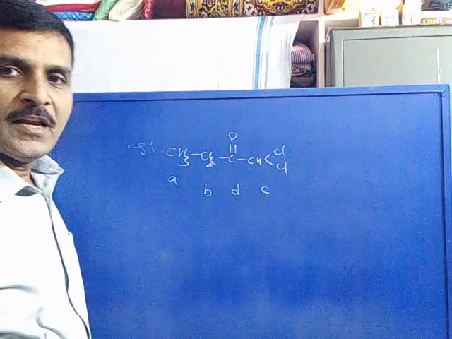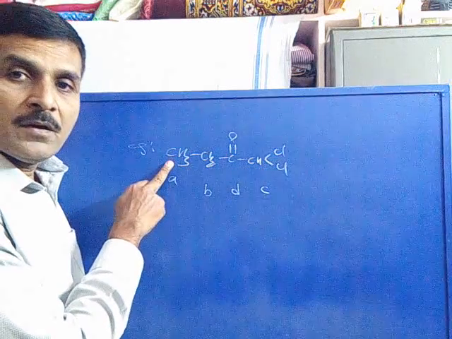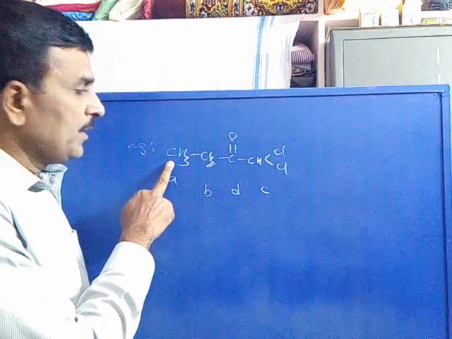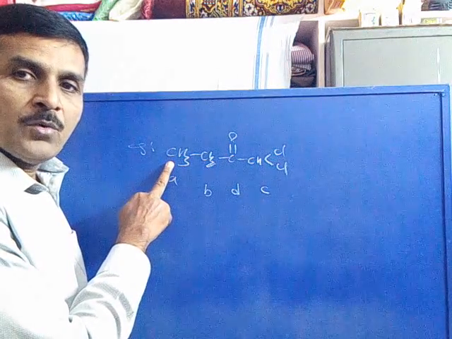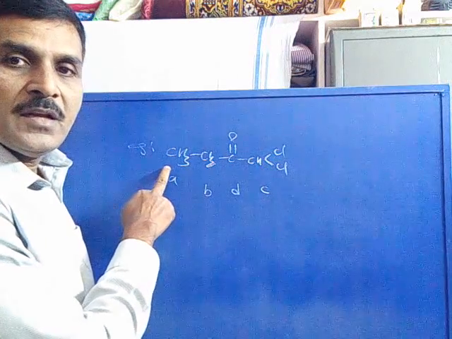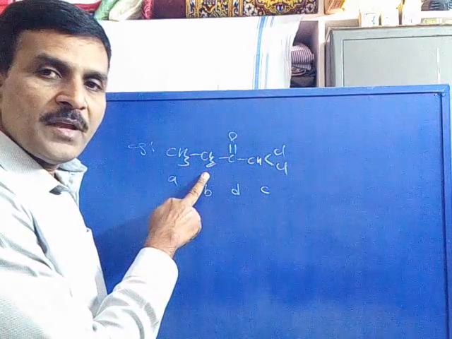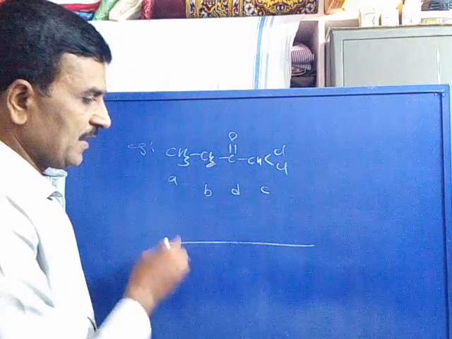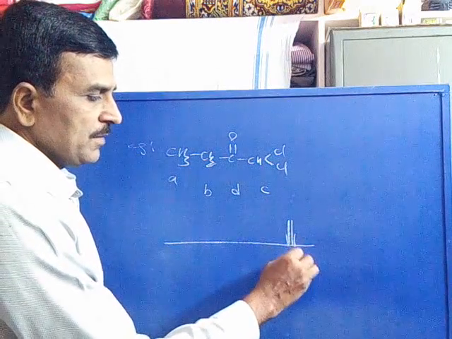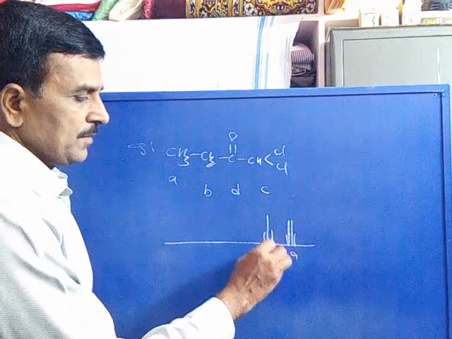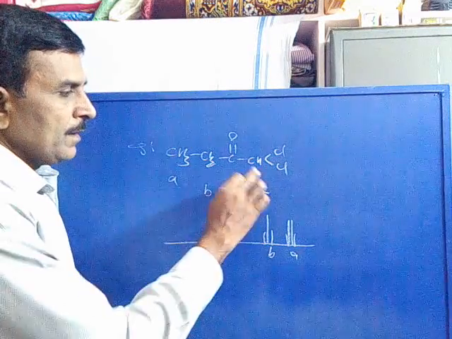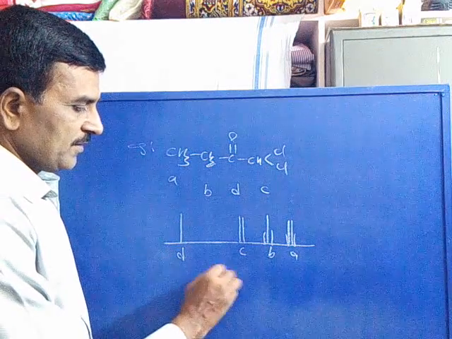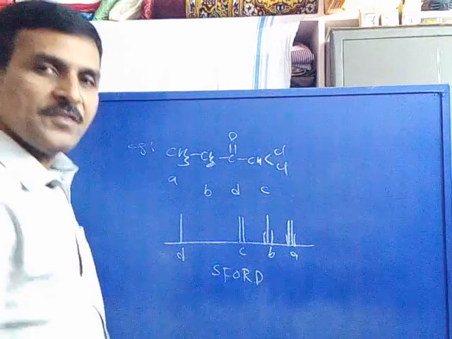While recording the C13 NMR spectrum, at each carbon atom 2J, 3J, 4J were eliminated by the process of spin decoupling and each carbon is allowed to couple only with its own hydrogens, so that the CH3 signal appears as a quartet, CH2 appears as a triplet, CH carbon appears as a doublet, and the carbon without hydrogen appears as a singlet, like this. A quartet for the CH3 carbon, a triplet for the CH2 carbon, that is B carbon, a doublet for C carbon, a singlet for D carbon. This is called SFORD.